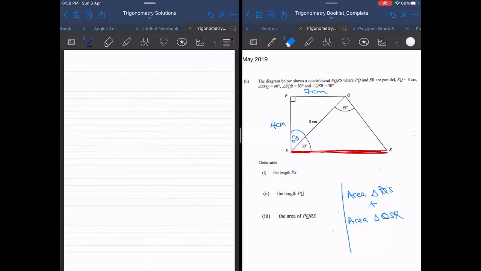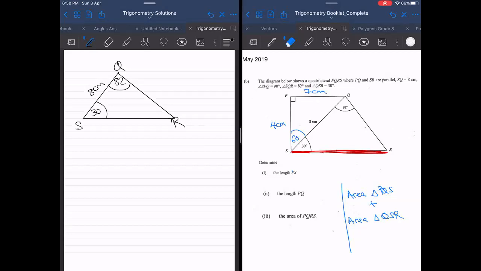All right, so to find SR, let's see what we can use. Now I'm focusing on QSR. This is 82, this is 30, and we know that this is 8. Immediately I see two angles in the triangle.